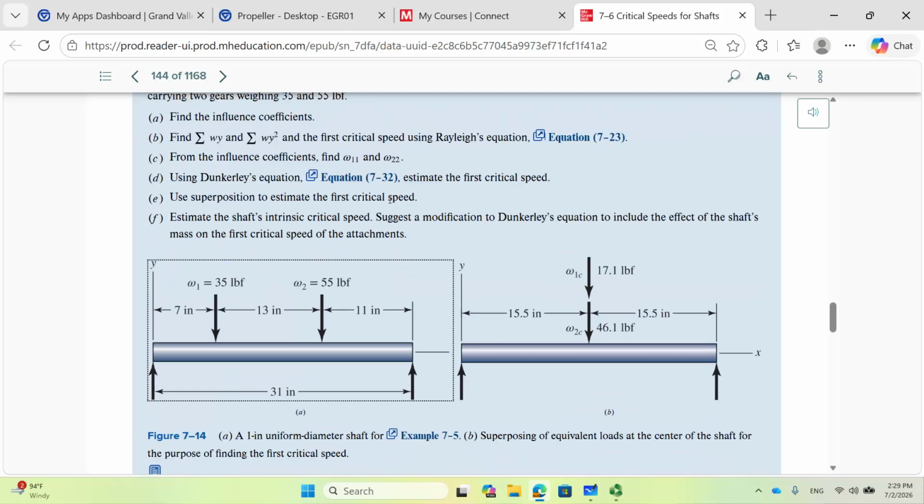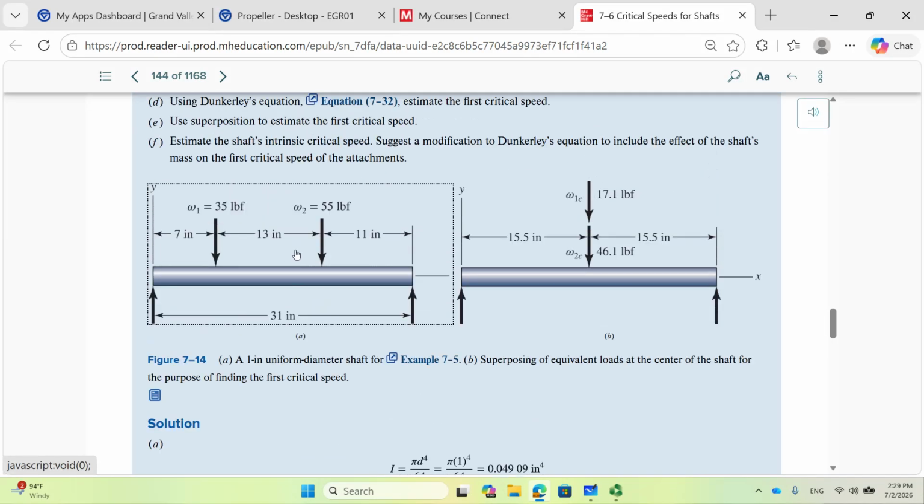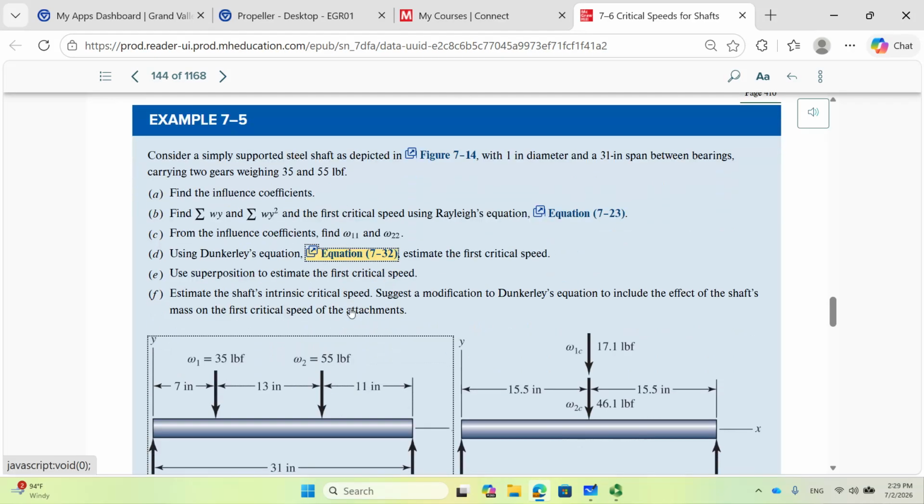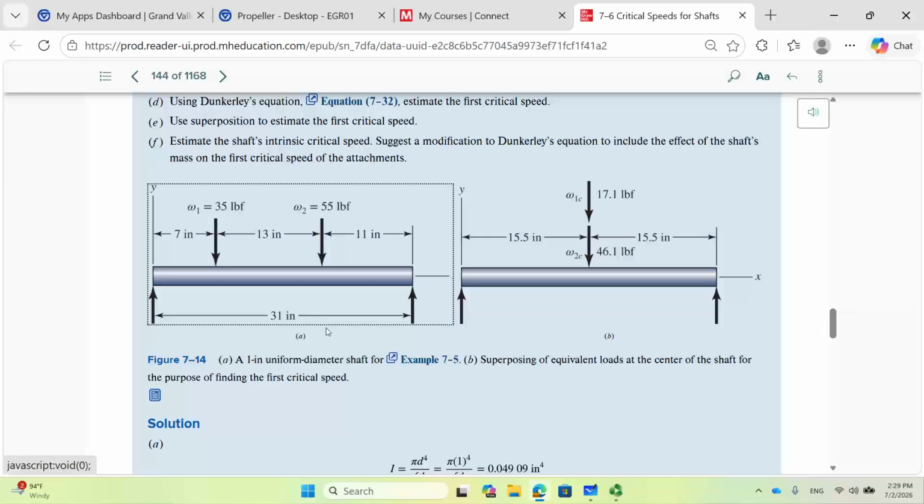So let's look at this problem again and see what other information we need. This shaft has a length of 31 inch, the diameter is 1 inch, and the material is steel, with modulus of elasticity of 30,000 KSI.